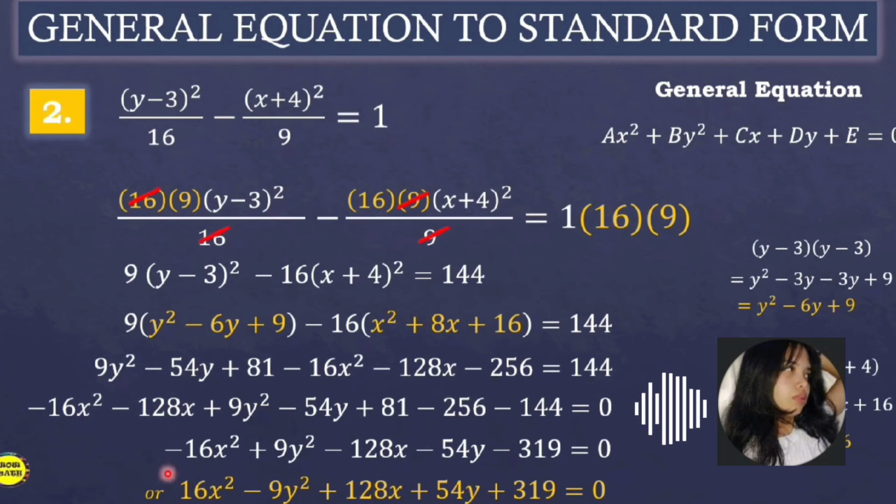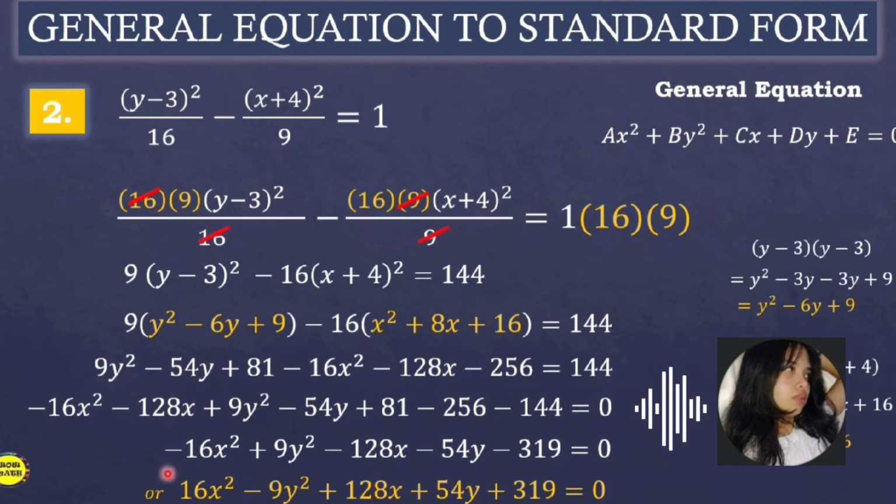We will add the constant terms, which is 81 plus negative 144 plus negative 256 equals negative 319. Our answer here is 9y squared minus 54y minus 16x squared minus 128x minus 319 equals 0.